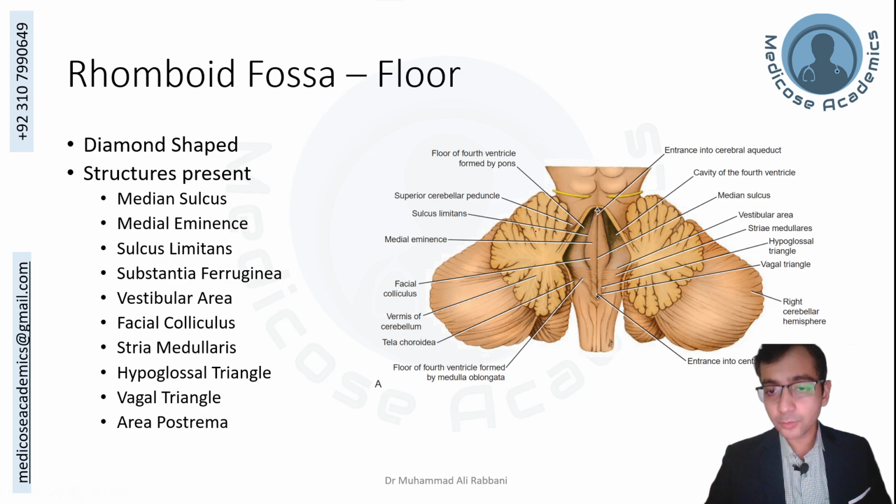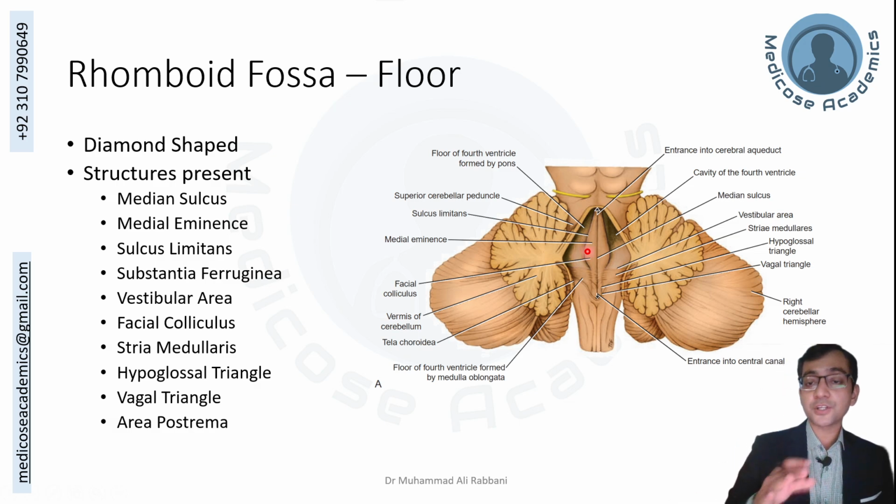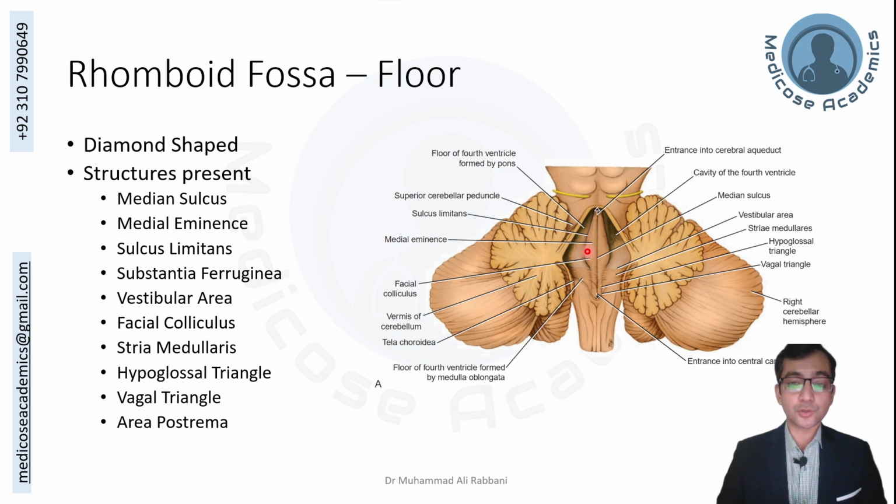Then you might be able to appreciate these horizontally running fibers. These are the striae medullares. Kindly keep them differentiated from the stria medullaris thalami that you saw on the lateral wall of the third ventricle. These are fibers coming from the arcuate nuclei of the medulla oblongata. I will refer you to the lecture on the brainstem, the cross section of the medulla.